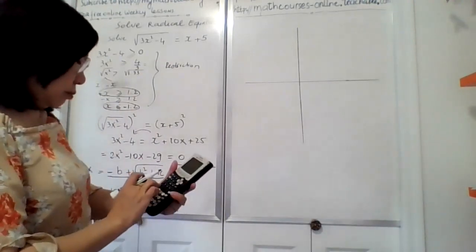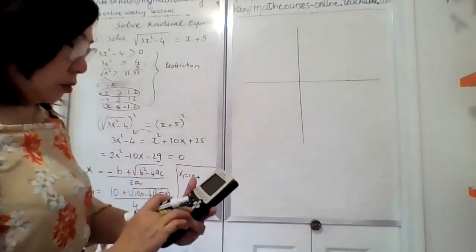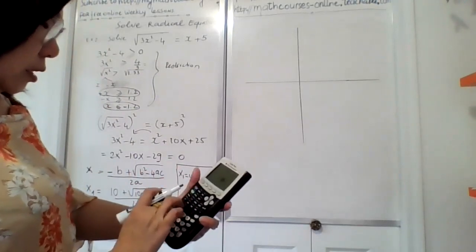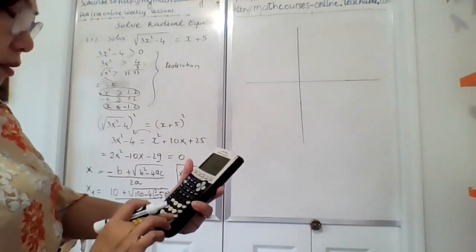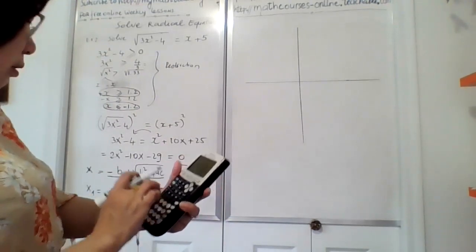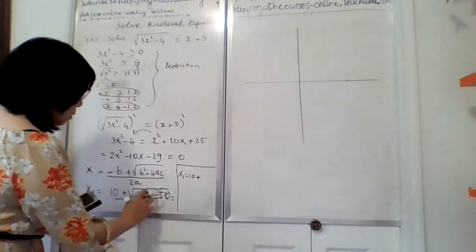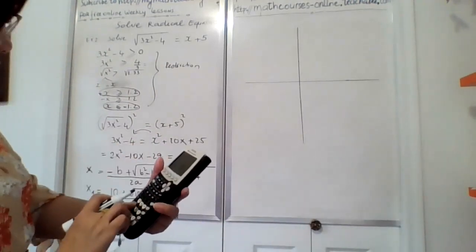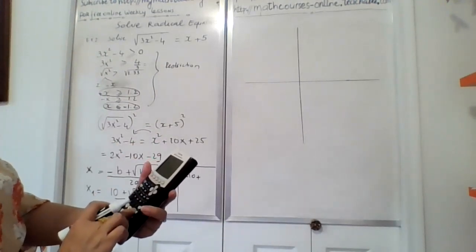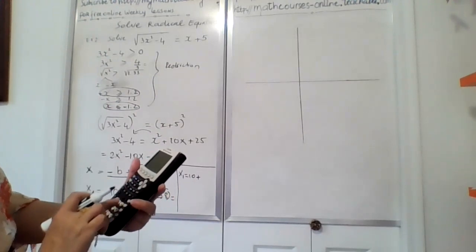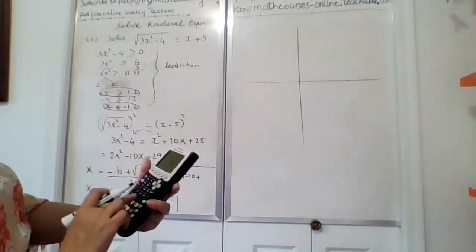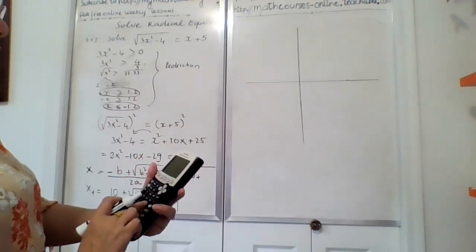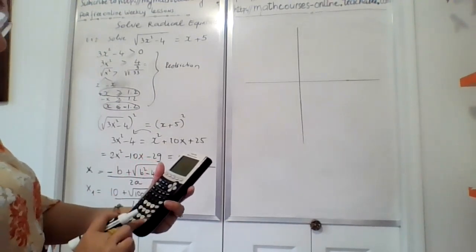If you key in the radical first, you say 100, adding with, because negative times negative becomes positive, 4 times 58, and we take the square root.